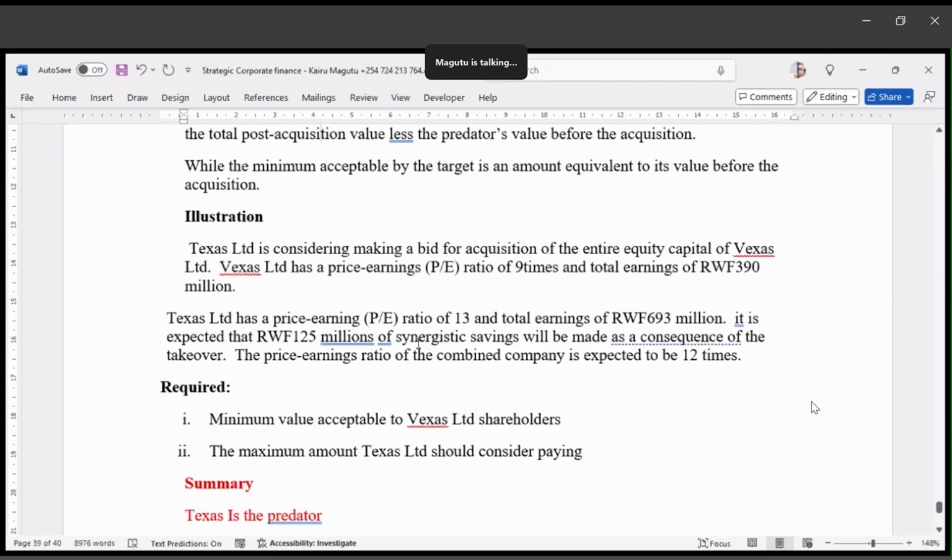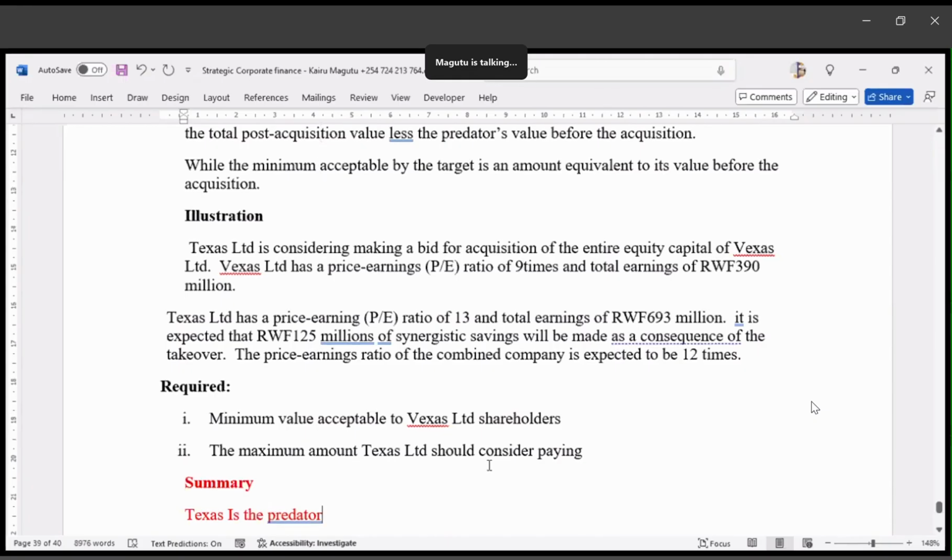Look at it. We are told that Vexas Limited has a price earnings ratio of 9 and total earnings of 390. Texas Limited has a price earnings ratio of 13 and total earnings of 693. It is expected that 125 of synergetic saving will be made as a consequence of the takeover.